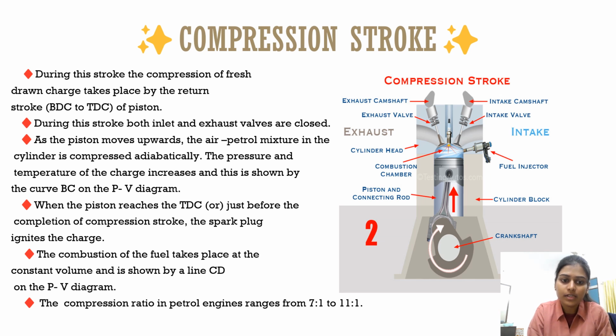When the piston reaches TDC, or just before the completion of the compression stroke, the spark plug ignites the charge. The combustion of fuel takes place at constant volume, shown by the line CD on the PV diagram. The compression ratio in petrol engines ranges from 7:1 to 11:1.